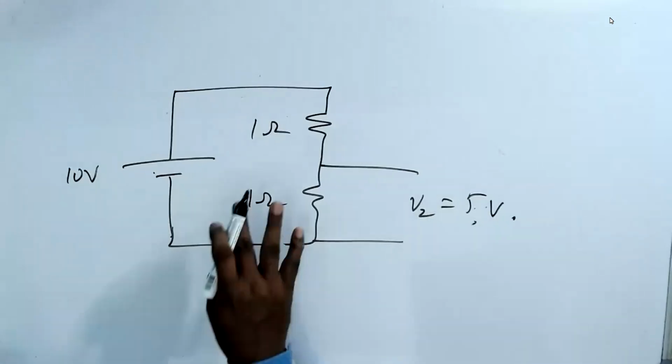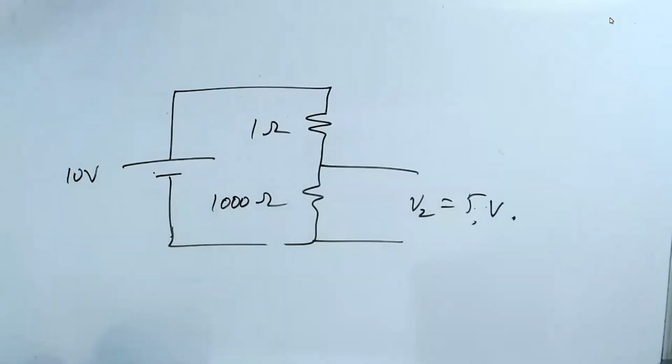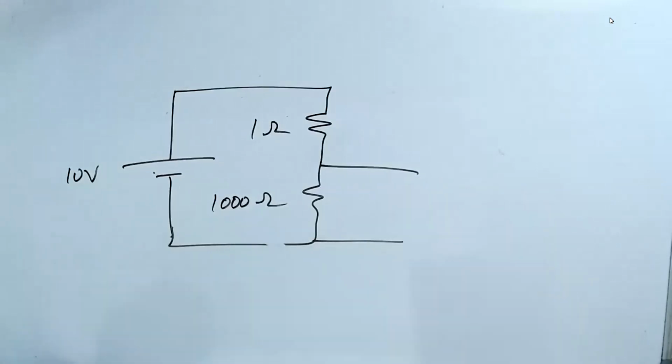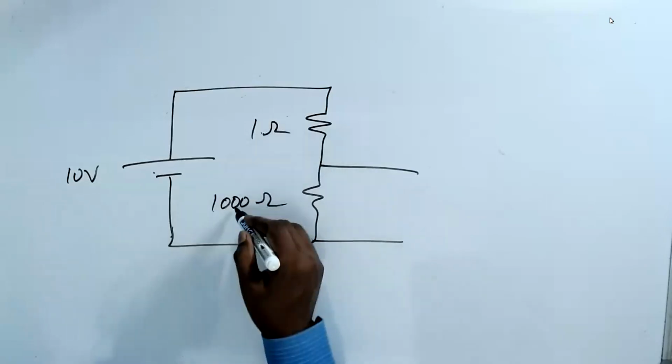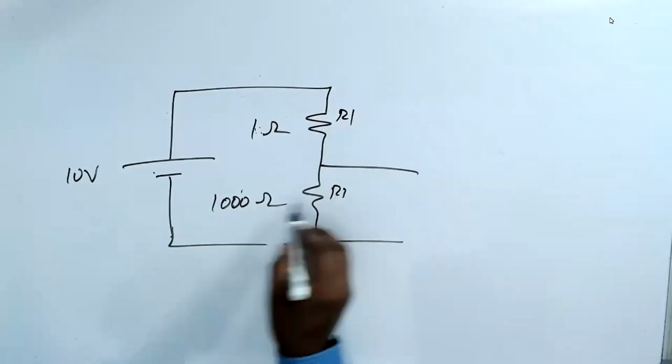Now, I make this guy 1000 ohm. What is the voltage here? First, what is R? R is equal to R1 plus R2, 1001.